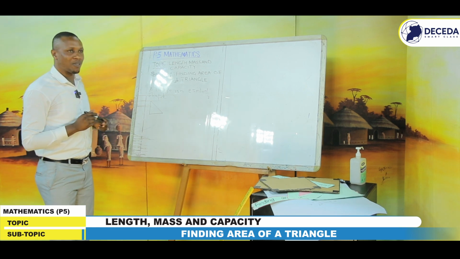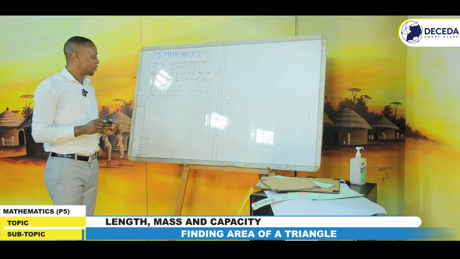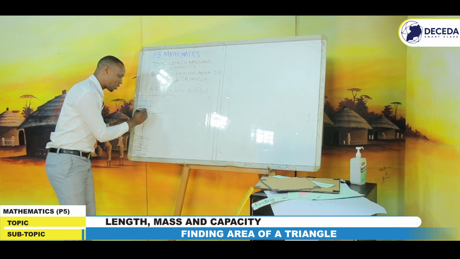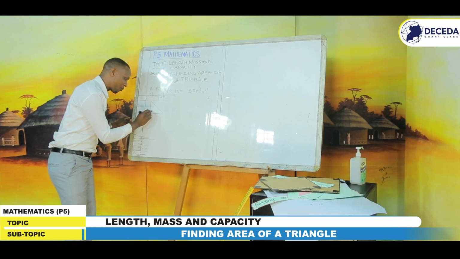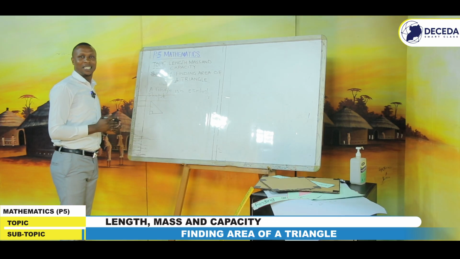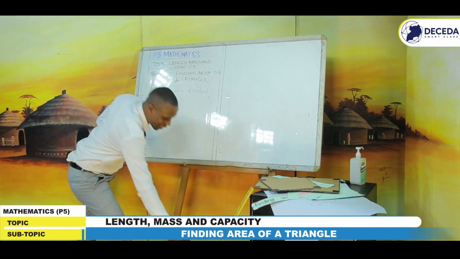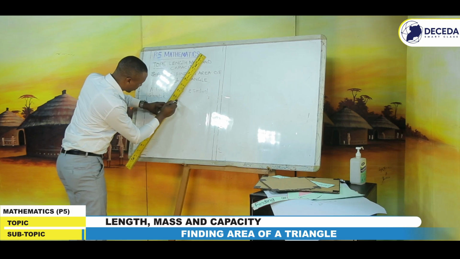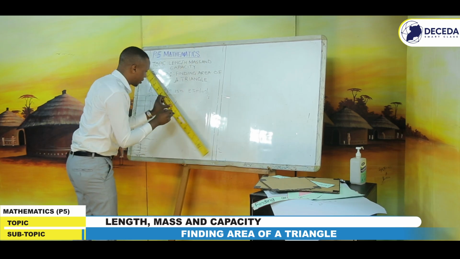For example, we have a triangle here whose area we should find, and this is the right angle. We may find that it is one part, or at times it is double. We may find it is like this, as I'm illustrating here.